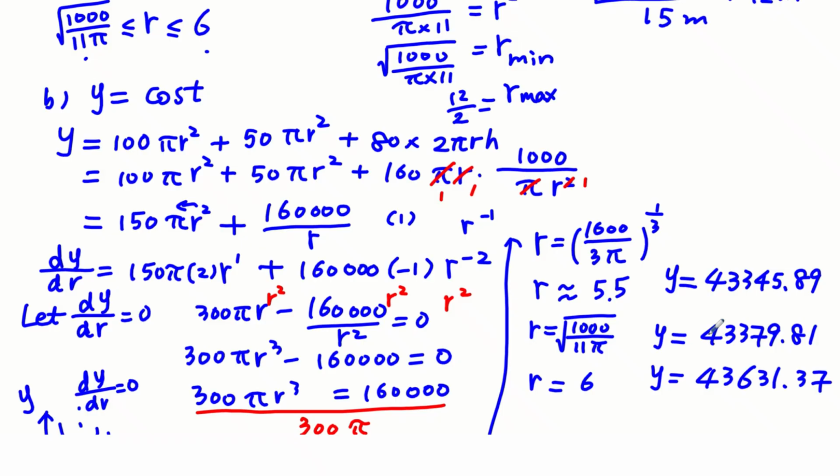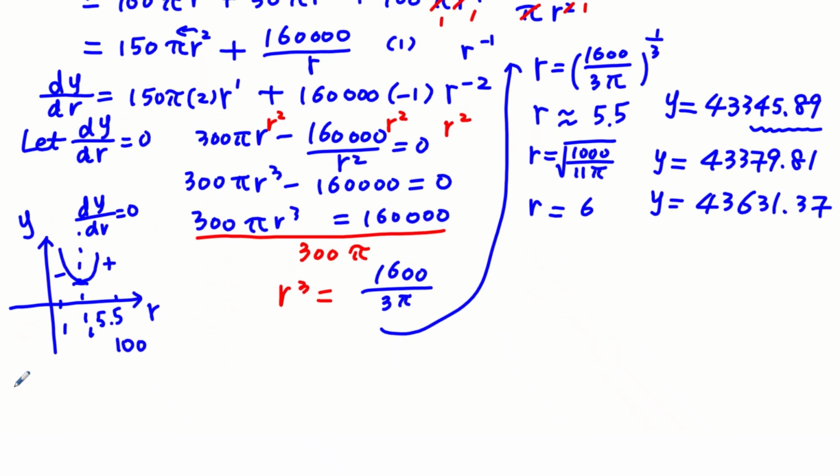And from here you will see this is the minimum. First number same, second number same, third number same, and this one is smaller. So then we know that when r equals 5.5, we have the minimum cost.